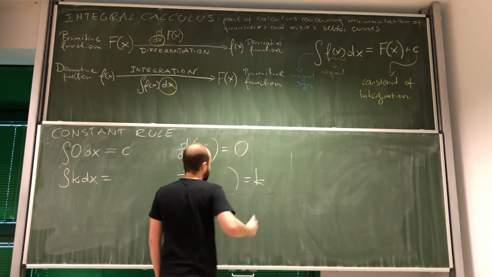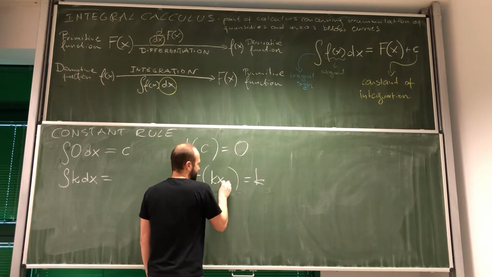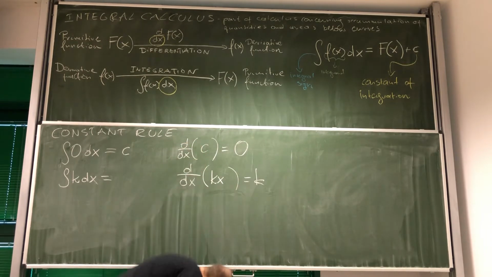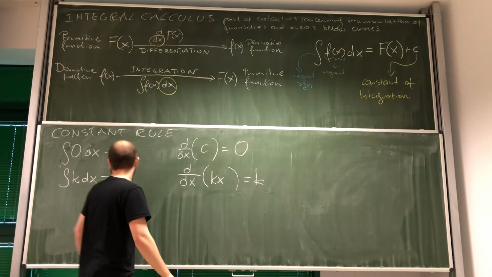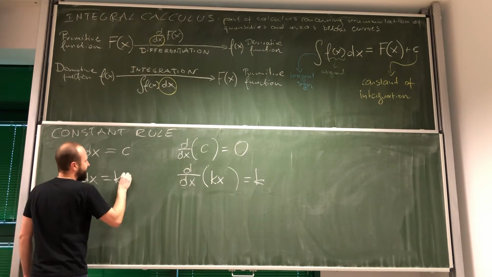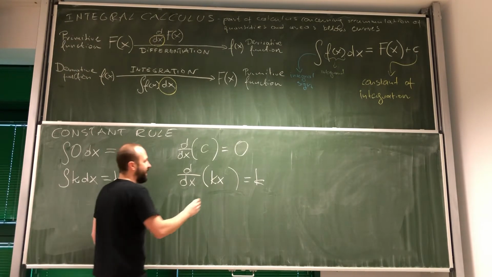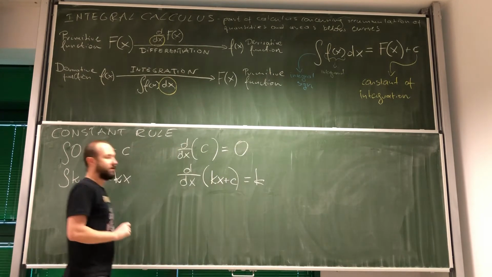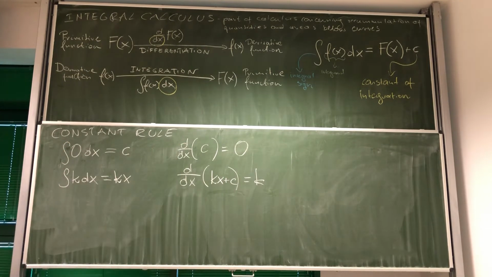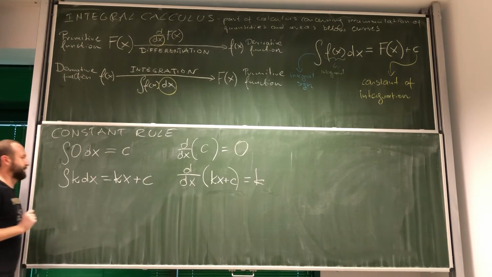So, if here we would have kx, the derivative would be simply k. So our answer over here should be kx, but we should also remember we will get derivative k if we have plus c over here. So over here, of course, we will have plus c.